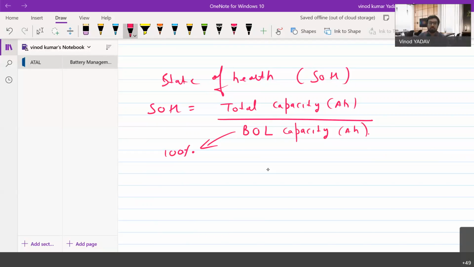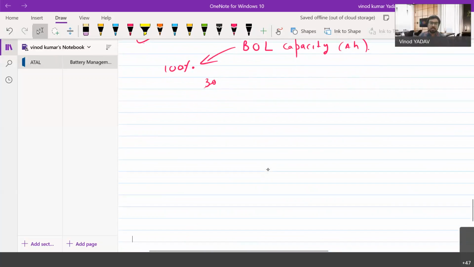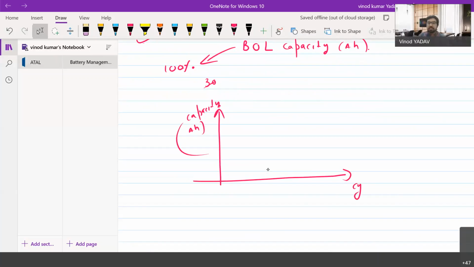After a certain number of charging cycles, let's just say 300 or 400, what is the capacity remaining of this battery pack? That is given by this SOH. To understand this, I will take the example that Ashok sir has taken. Suppose this axis is capacity, and this is the cycle. So let's say 100, 200, 600, and so on.